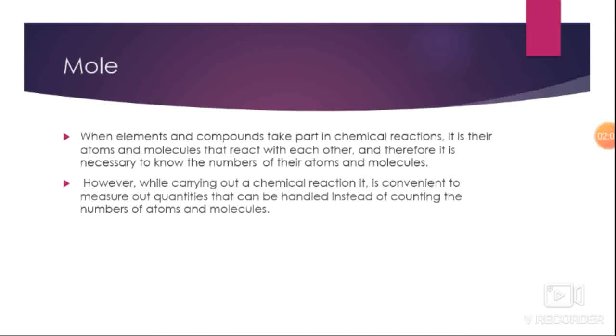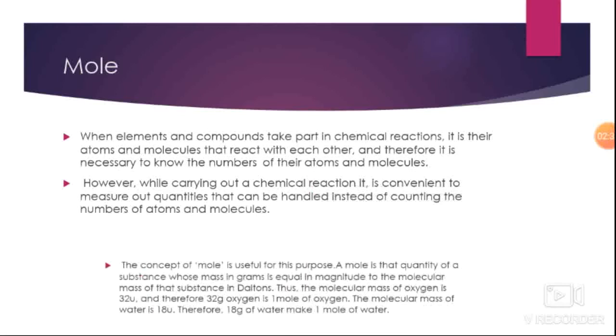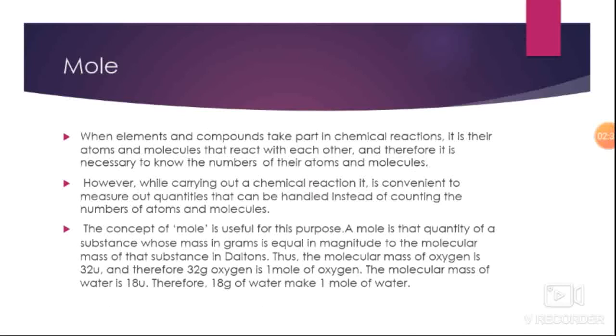However, while carrying out a chemical reaction, it is convenient to measure quantities that can be handled instead of counting the numbers of atoms and molecules. So instead of counting them, we use a quantity, that is mole, which is convenient. The concept of mole is useful for this purpose.